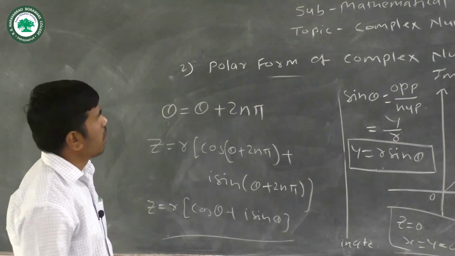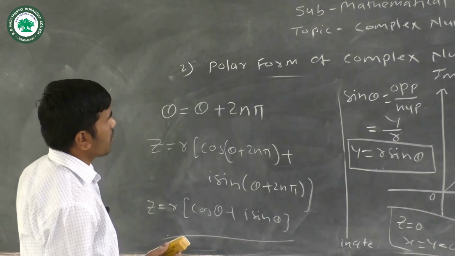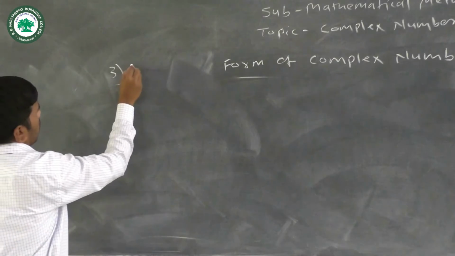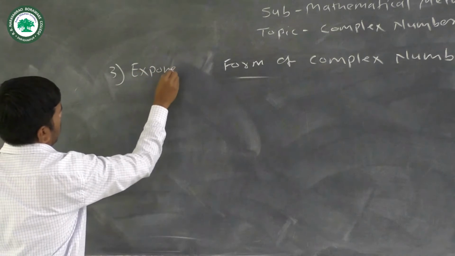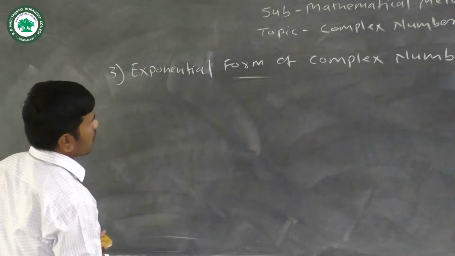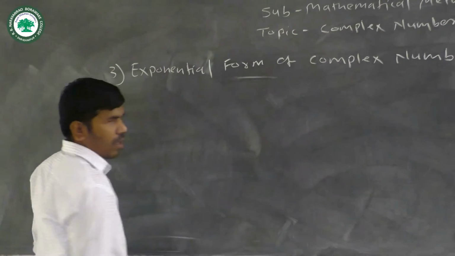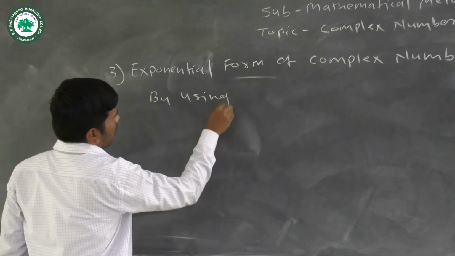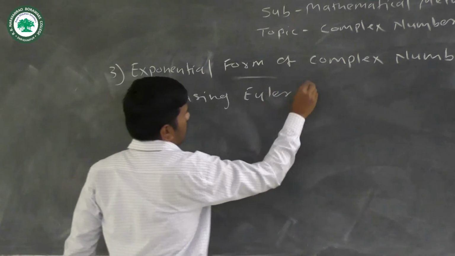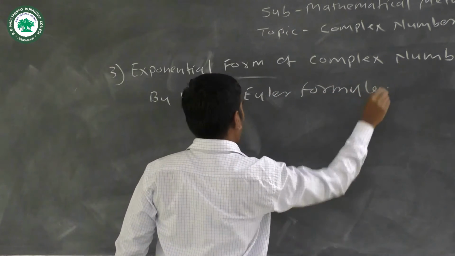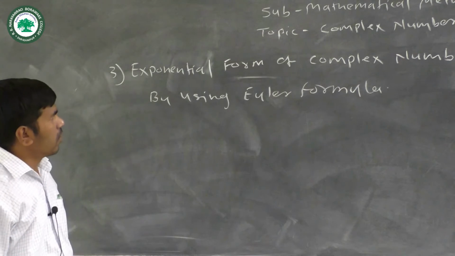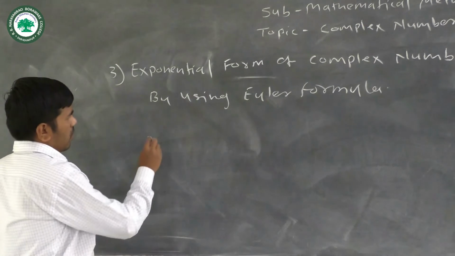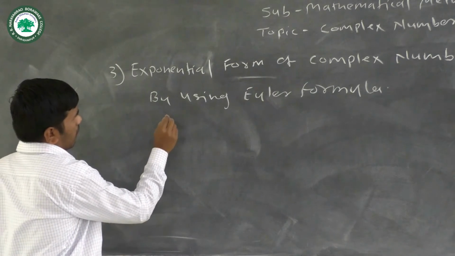Now the third form is the exponential form of the complex number. So let's see the exponential form of the complex number. We know the Euler formula, right? Before that we know the Maclaurin series.